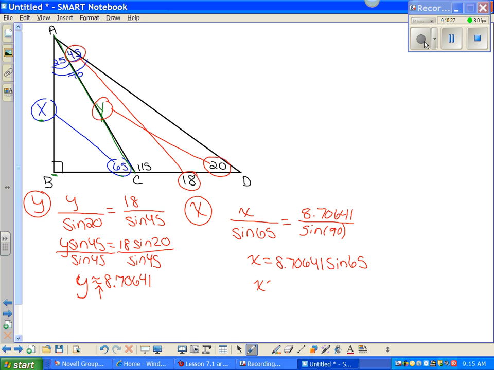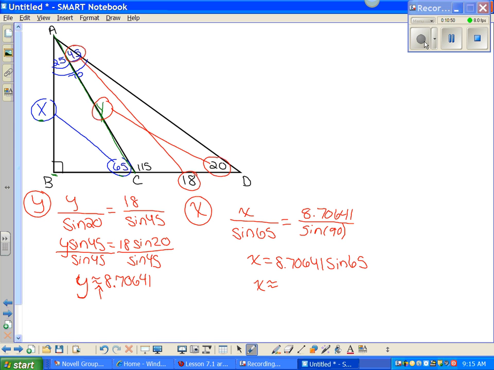Be a little more specific, dear. 1 times x is just going to be x. Yeah, absolutely. If you divided this whole thing by sine of 90, it would be the same.